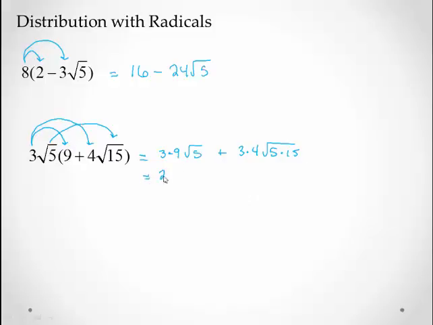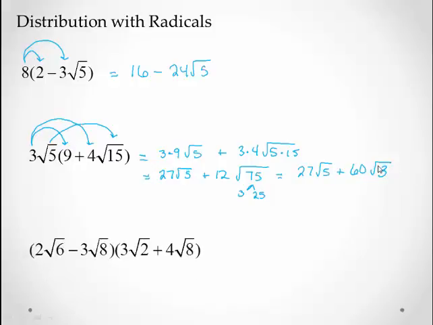So 3 times 9 is 27, 3 times 4 is 12, and 5 times 15 is 75. Now 75 can be reduced. 75 is 3 times 25, which is a perfect square. So I have 5 times 12, which gives me 60 radical 3. And I cannot combine those because these two radicals don't match.